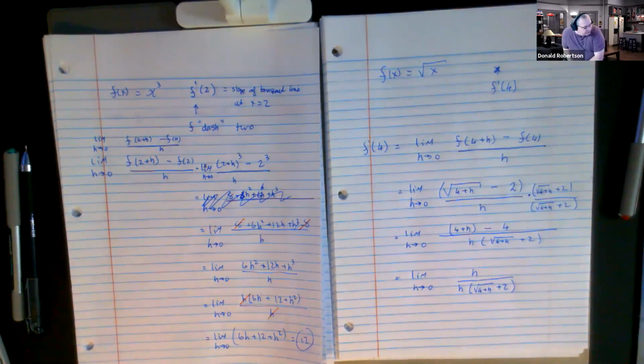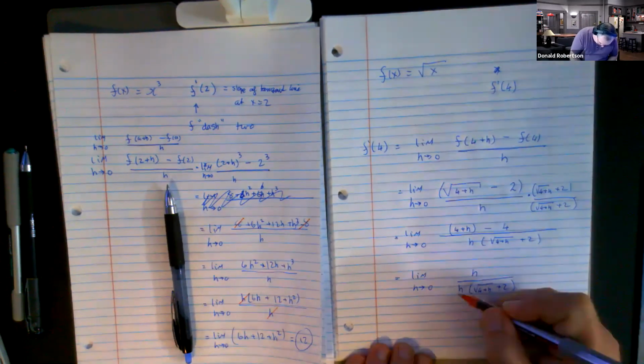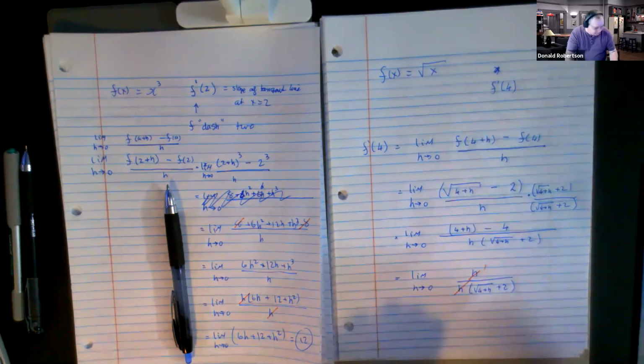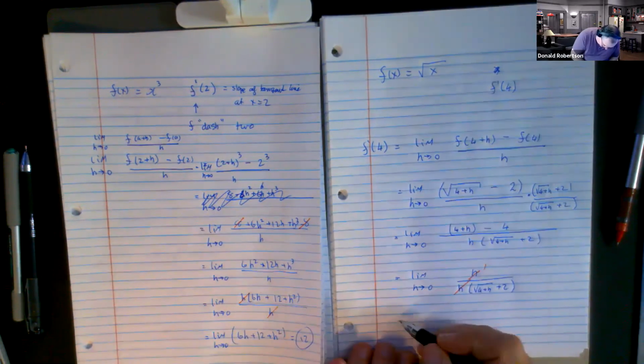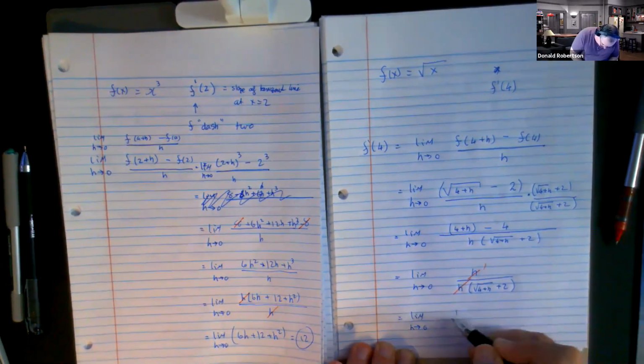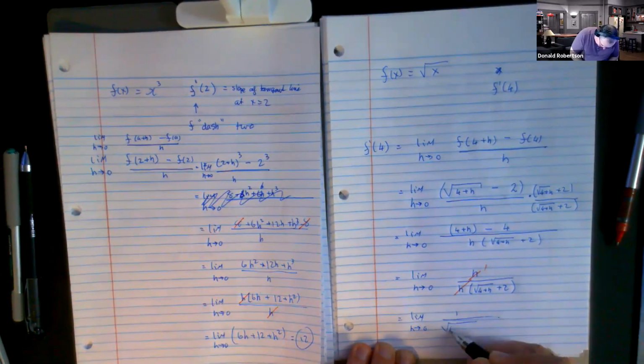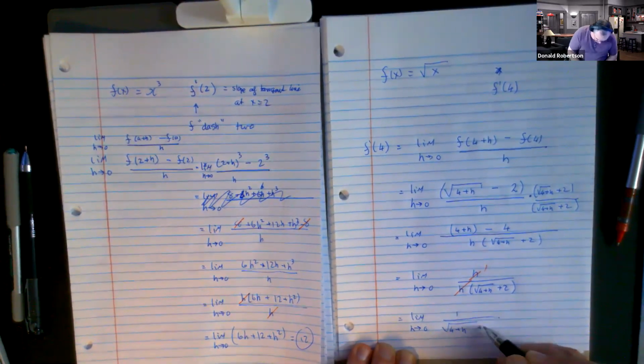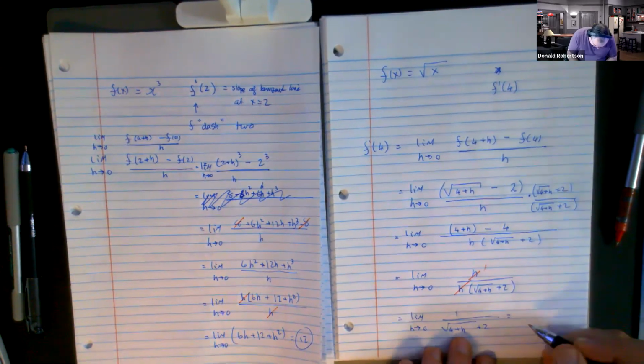Do you see the numbers killing each other off again? As they always should. In this particular one, do you see that the cancelling is the h's? And so I'm left with the limit as h tends to 0 of this guy, which I can now plug in 0 for.